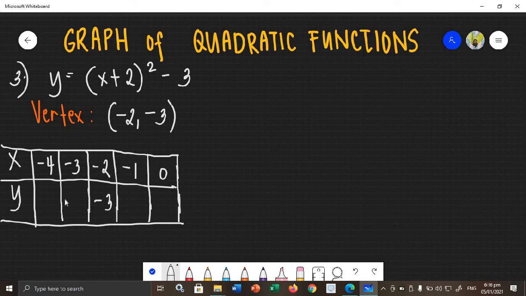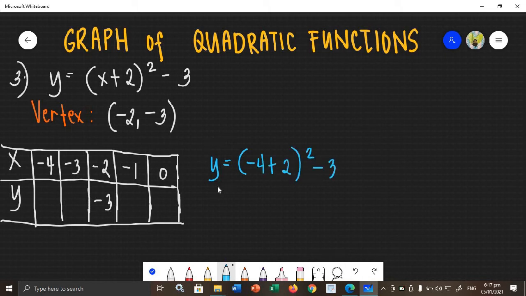And then, for us to be able to find the value of the other y-coordinates, what we need to do is we need to substitute the x-coordinate na inassign natin dito sa ating given. So, we have yung una, y. Ang isa-substitute natin sa x is -4. So, y is equal to (-4 plus 2) squared minus 3.